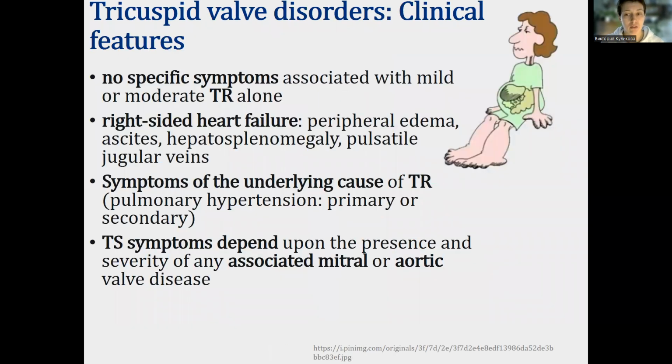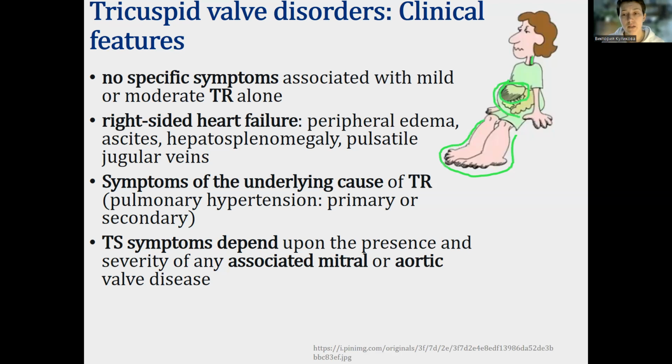What about clinical features? There are no specific symptoms associated with mild or moderate tricuspid regurgitation alone. In severe grades, we can see right-sided heart failure, peripheral edema, ascites, hepatosplenomegaly, and distended jugular veins.